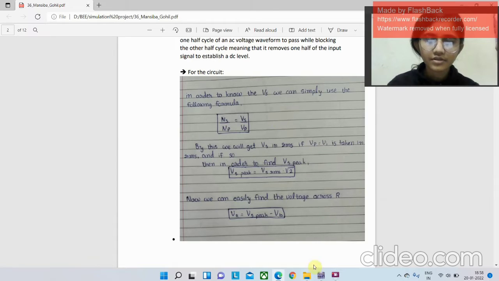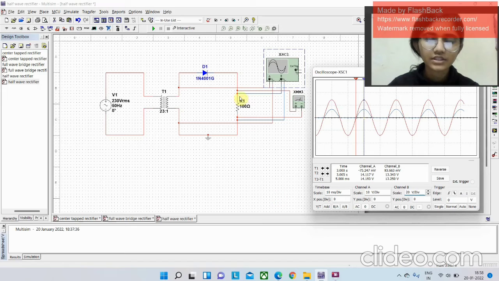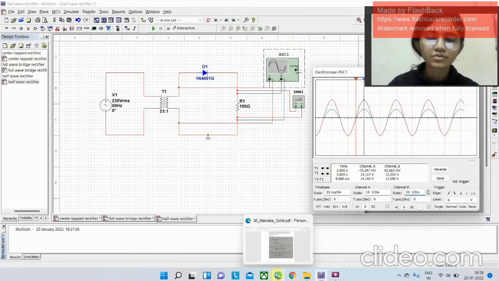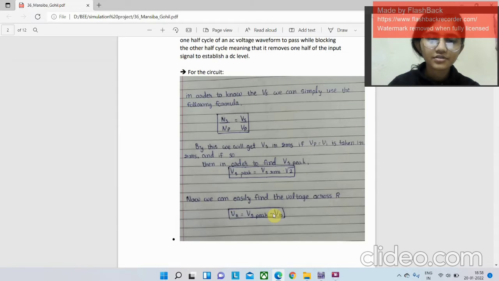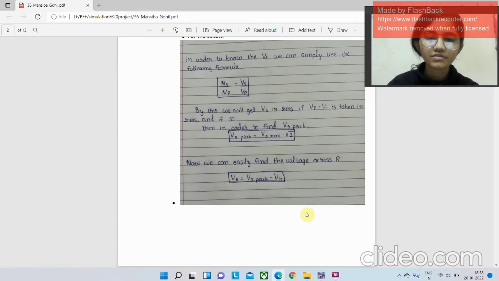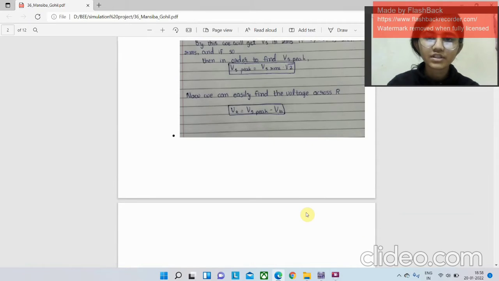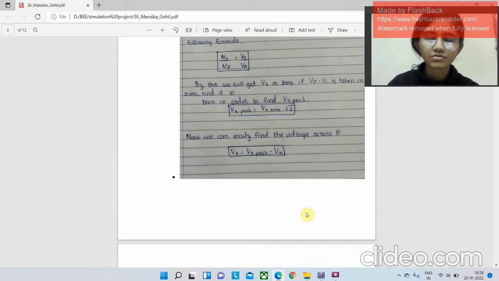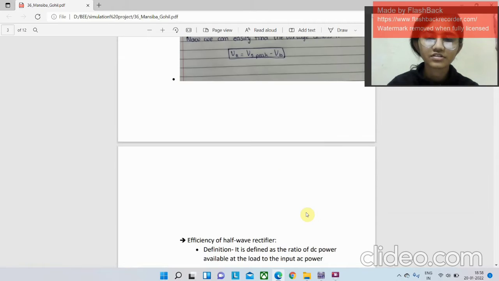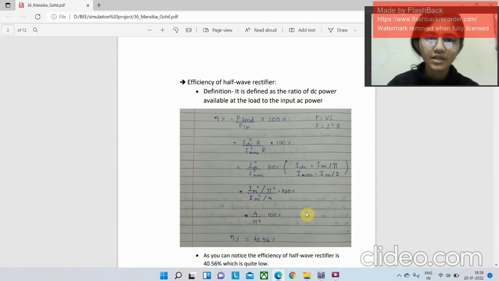Now, if we want to find the voltage across the diode, the calculation is simple. We just need to do the subtraction. Vs peak minus Vd will give us the value of voltage across the resistance.